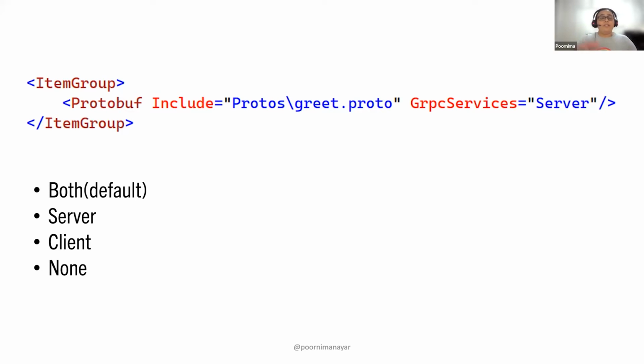So if you have only .NET clients consuming it, you might release it as a NuGet package, in which case your project would have a collection of proto files, and you just serve up the NuGet packages as files, and you don't have the code being generated at all. So there's a reason why we have the none option as well.